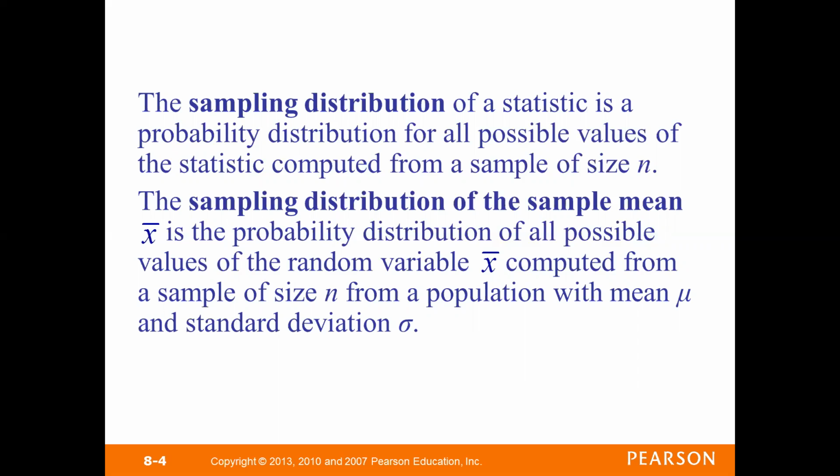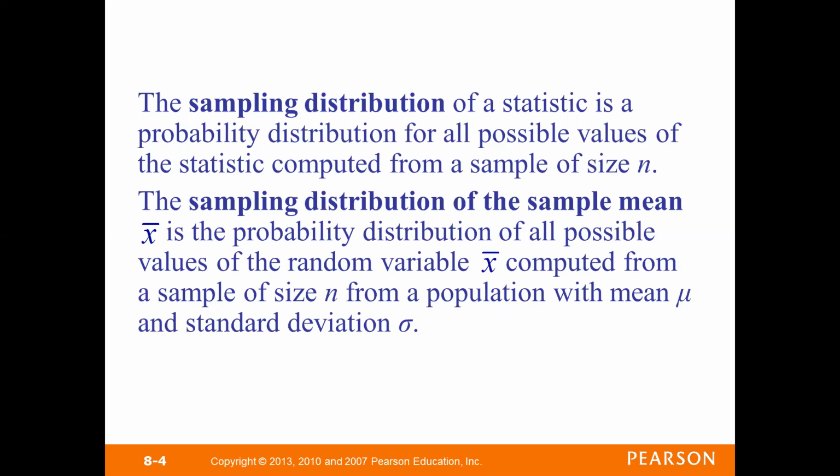Again, remember that the underlying population will have a specific mean, and it will have a specific standard deviation. We most likely will not know what those are. That's the whole point of us taking random samples and looking at the average of that sample, is that we would like to estimate that population mean by using the sample mean.